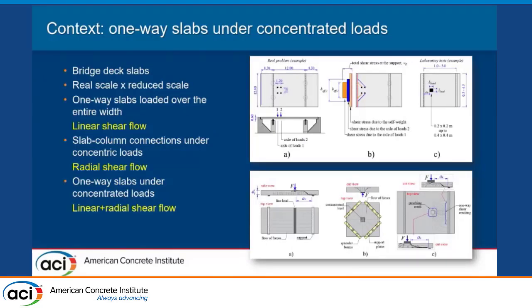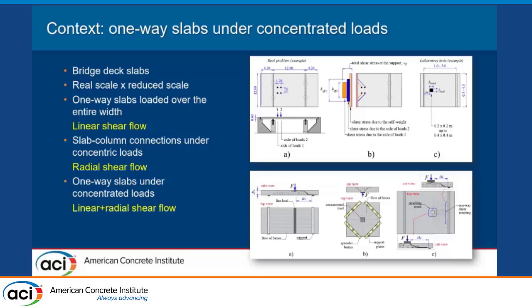So we applied these methods mainly to one-way slabs under concentrated loads, which is a kind of loading frequently discussed on solid slab bridges, on which we frequently have the combination of several concentrated loads applied close to the support, close to line supports.